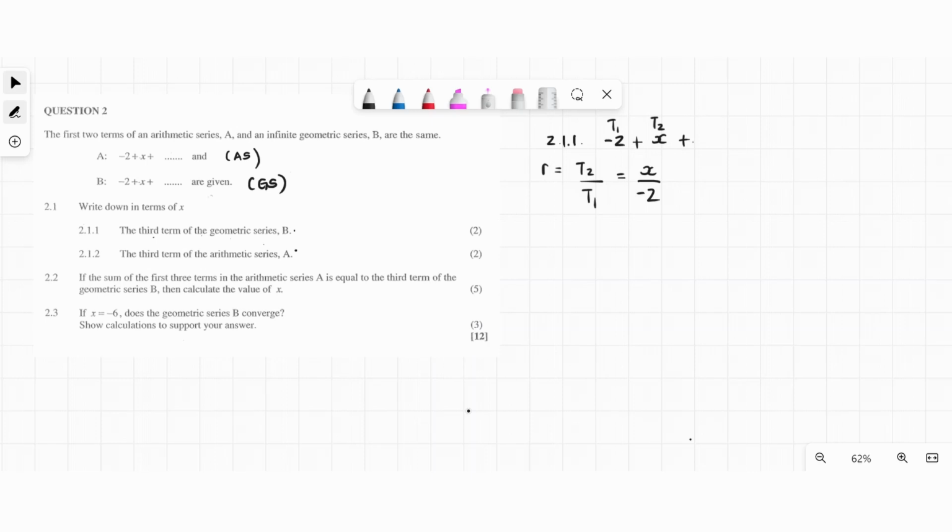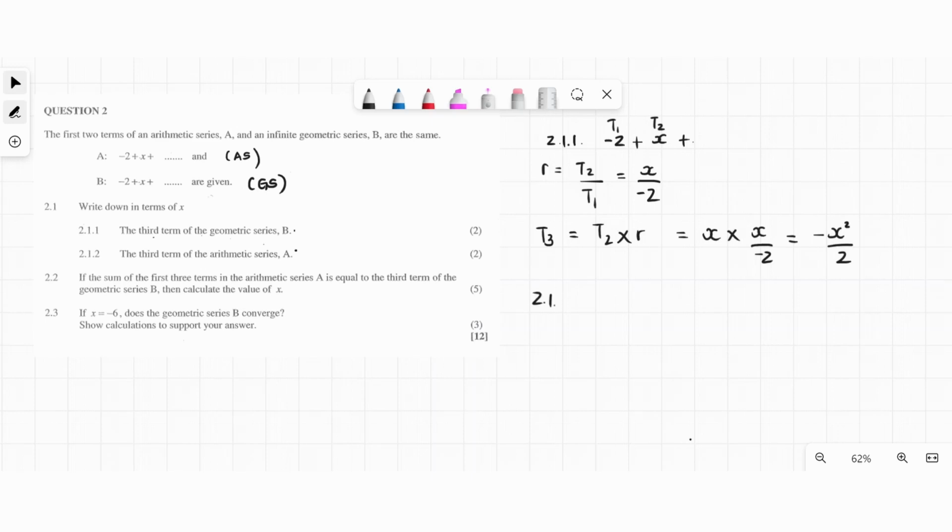So to find T3, it's going to be T2 multiplied by r, right? Which is x multiplied by r, which is going to be x divided by -2, which is the same as -x squared divided by 2. So this is the first answer.